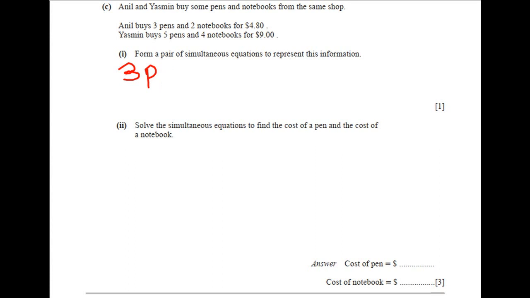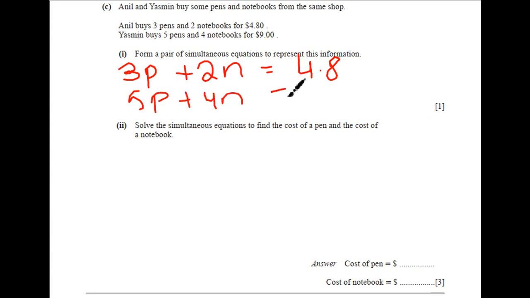I prefer using p and n in this case. Plus 2 notebooks for $4.8. Yasmin buys 5 pens plus 4 notebooks for $9.0. Solve the simultaneous equations to find the cost of a pen and the cost of a notebook.